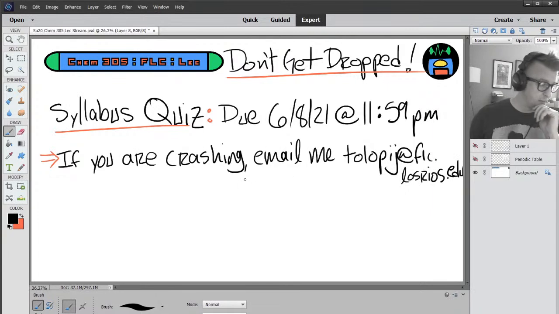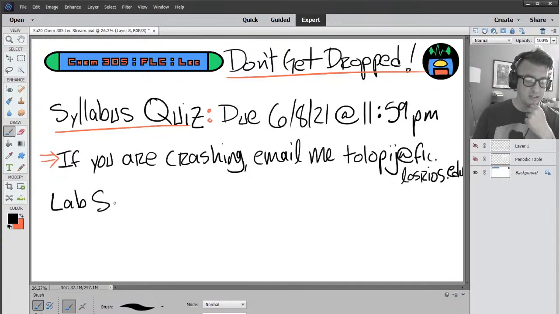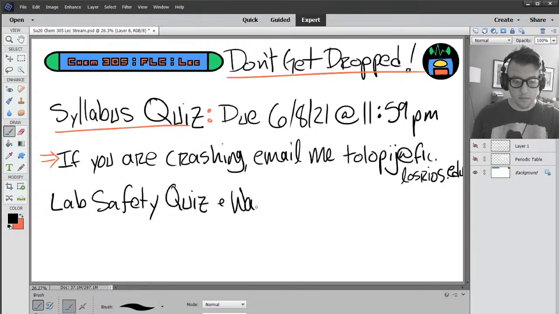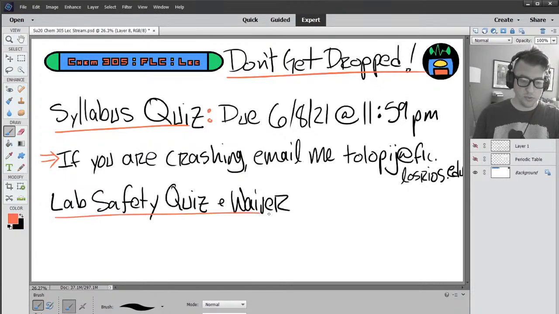The second thing that you need to fill out this week is you need to complete the lab safety quiz and waiver. Both of these are in Canvas. Both of these are due this week.